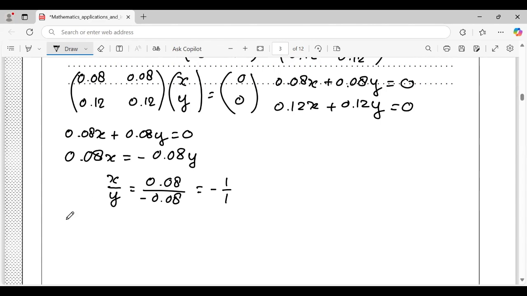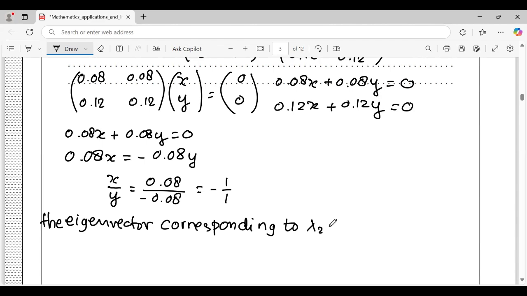So the eigenvector corresponding to the second lambda equal 0.8 is 1 and minus 1. That one.